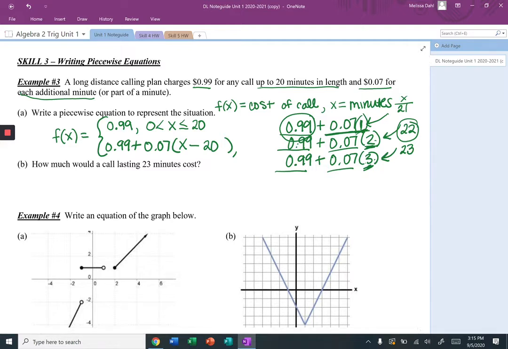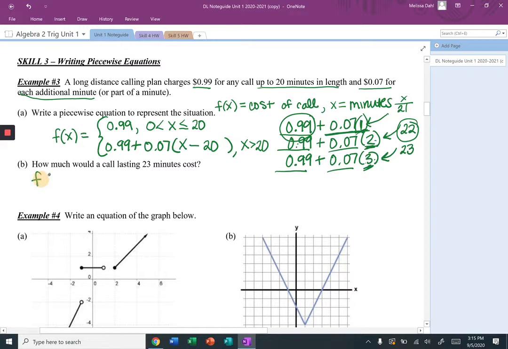And this is what they're going to charge us for as long as we stay on the phone over that 20 minutes. So when x is beyond 20, that's how we're calculating our cost. So how much would a call lasting 23 minutes cost?